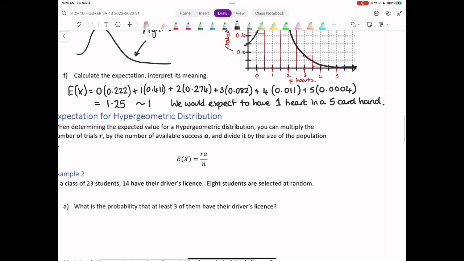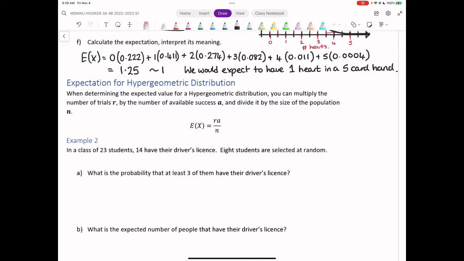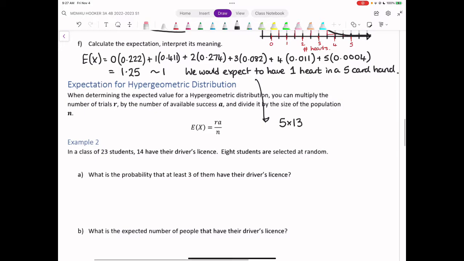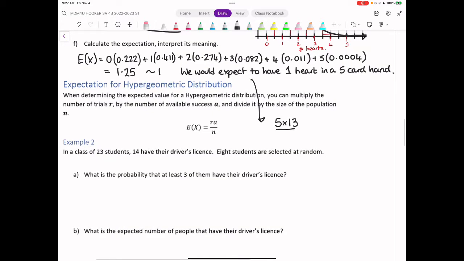The expectation for a hypergeometric distribution. So let's look at an easy way to do it. When determining the expected value for a hypergeometric distribution, you can simply multiply the number of trials R by the number of available successes A and divide it by the size of the population N. So recall that in our previous example, we have number of trials R, which is we're pulling 5 cards, we're multiplying that by 13 possible hearts, and we're dividing by 52.